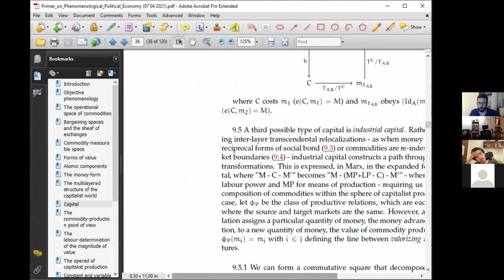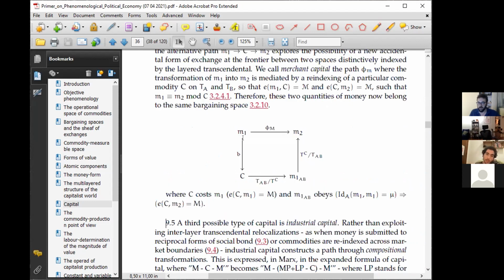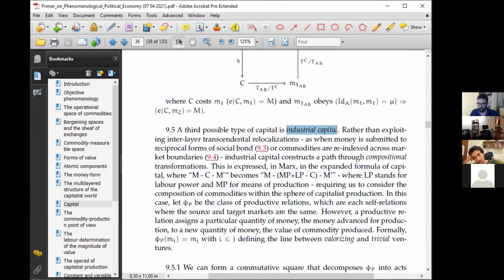So in every case, this happens already, right? In every case, you need to decompose and recompose across borders and so on. And then we get to industrial capital, we say, rather than exploiting interlayer transcendental relocalization, meaning that the shift of perspectives is a shift in transcendentals, right? You saw money bought commodity. Now you reindex the commodity in a new value system because you changed countries, right?